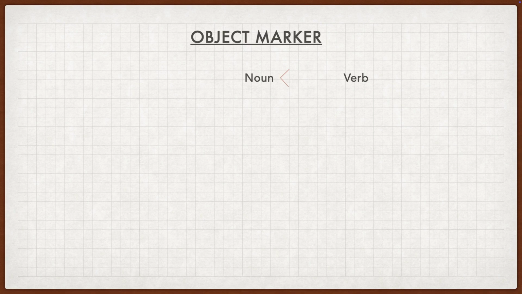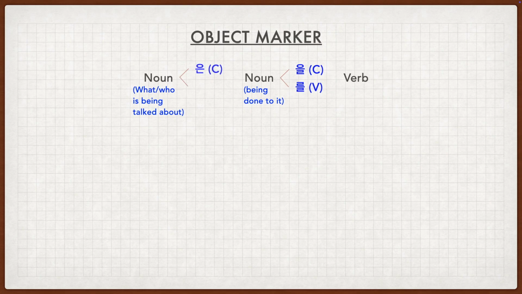There are two options: 을, 를. 을 when the noun ends with a below consonant, and 를 when the noun ends with a vowel. To indicate something is being done to a noun, we can attach the object marker. And to make a sentence, we also need to mention who or what we are talking about. As we learned, then we need the topic marker 은, 는.